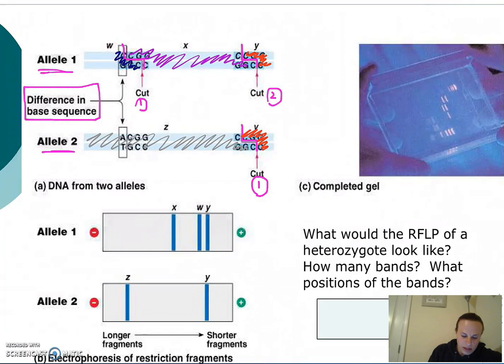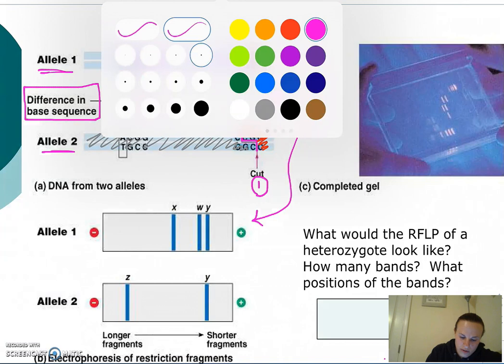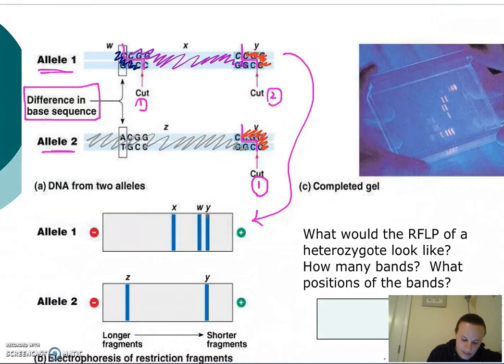So if I were to put allele 1 and run it in a gel, this is what the banding pattern would look like, where my small fragment Y is represented by this band. Notice that it has traveled furthest down my gel, closest to the positive end.